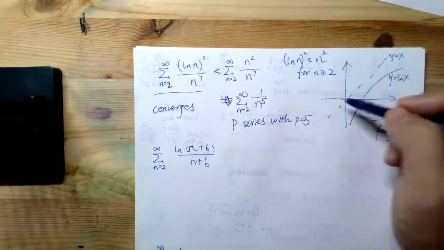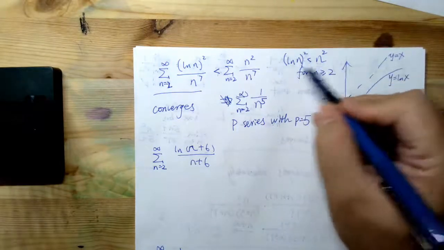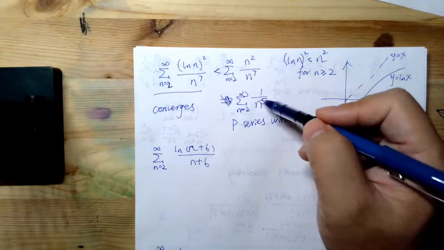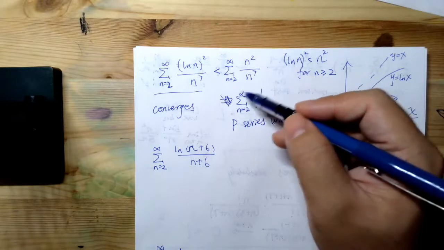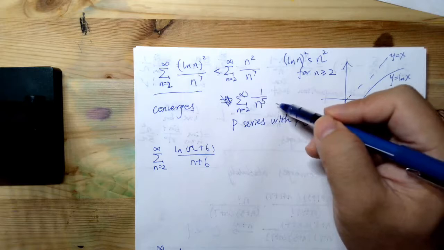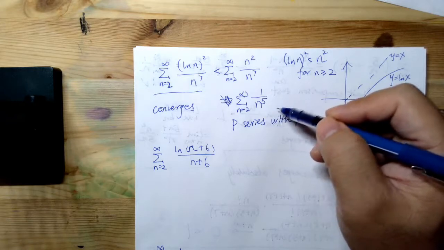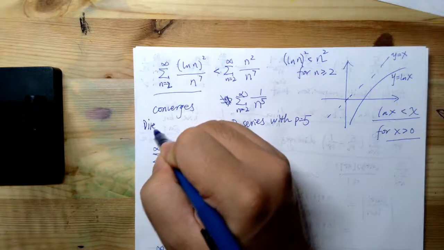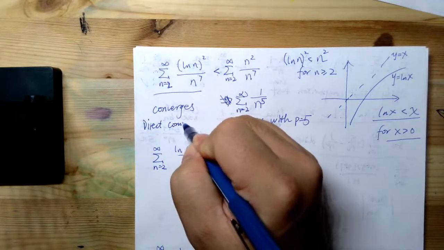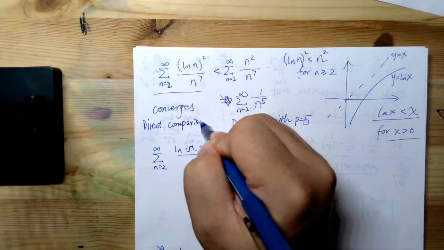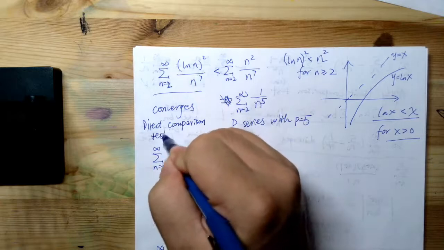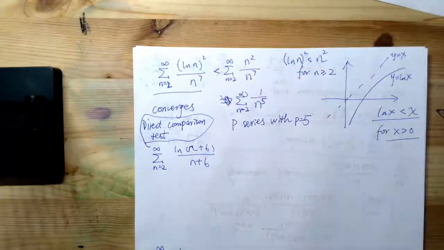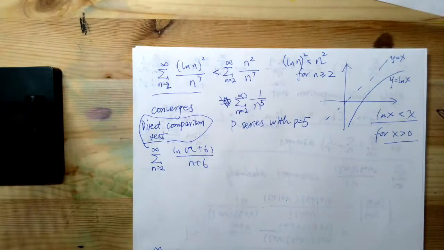So in this problem, I use this inequality to construct a series, and the series I'm comparing to is a convergent p series. Hence, based on the direct comparison test, we can figure out that my original series converges.